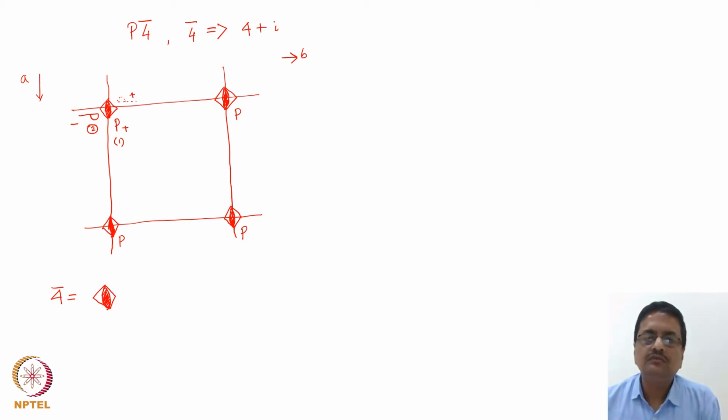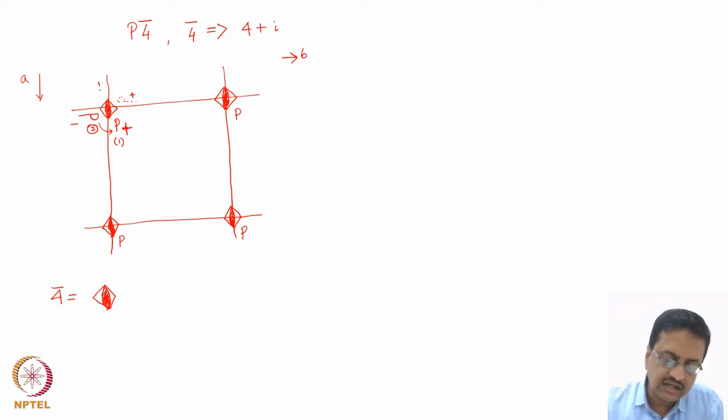Now again we do this 4 bar operation on this minus object. So you rotate it by 90 degrees, and it comes here. As you see, the point is minus, so when it comes here as minus, the inversion takes it to the other part and converts it into plus. So this is the 3rd point.